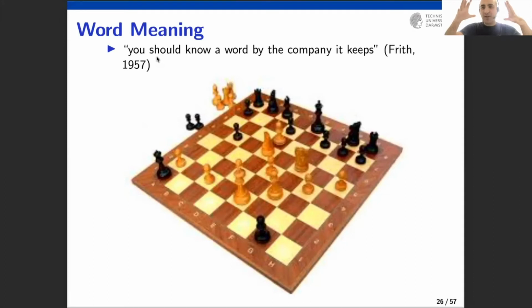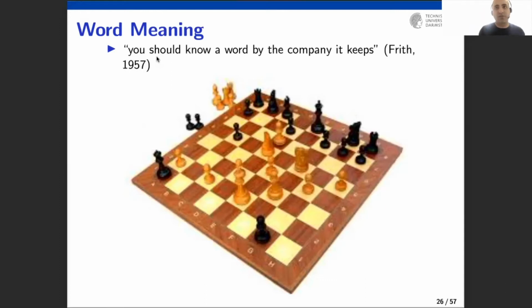You need a clear picture of all pieces on the chessboard, and then you can interpret the role of each piece on the board. This is the way that we can have a meaning for words.